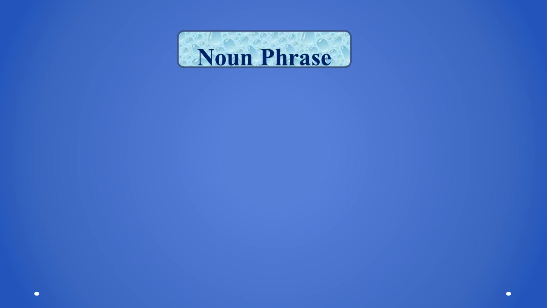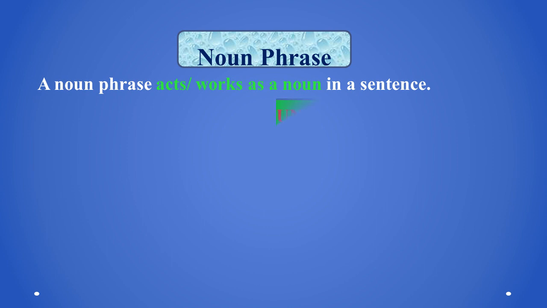Now it will be very easy for you to understand the noun phrase. A noun phrase acts or works as a noun in a sentence. Basically, the noun phrase is composed of a noun which acts as the head of the phrase, accompanied by the words which modify it.